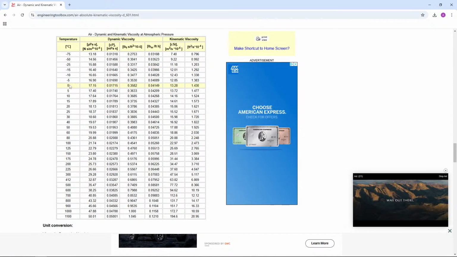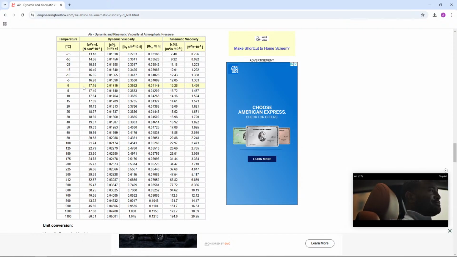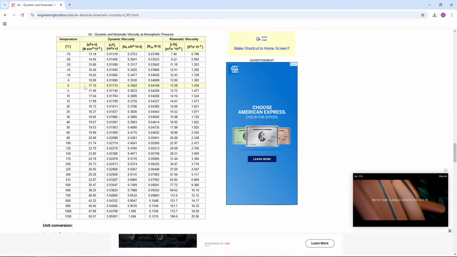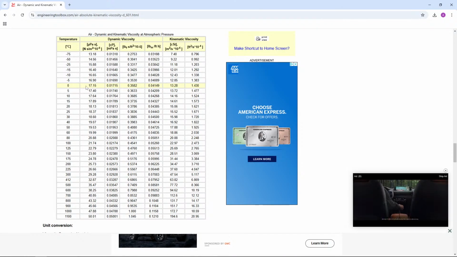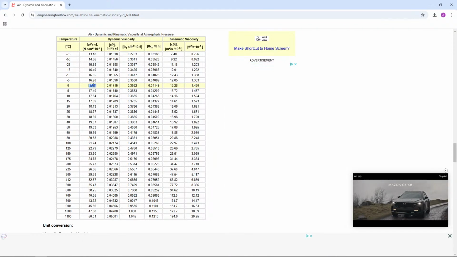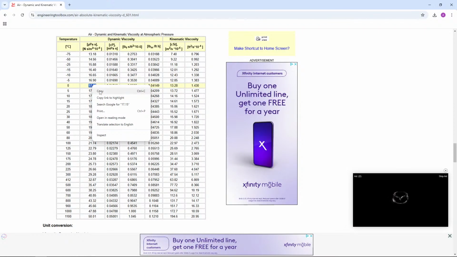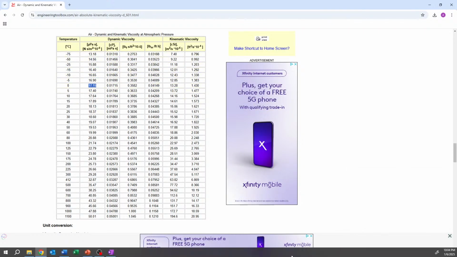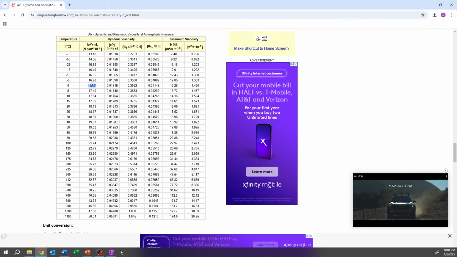And we need it at, let's say, at atmospheric temperature. So we got this one here, 10 to the power. Let me just write this down.